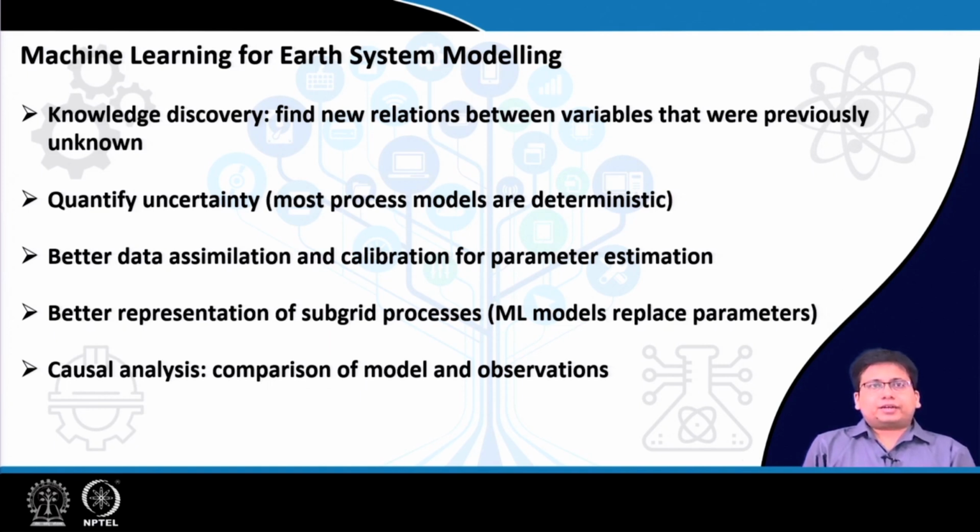And then we can have a better representation of the subgrid processes which we just mentioned. Instead of just specifying it as a random noise or some kind of parameter or coefficient, we can instead have a machine learning model for those subgrid processes. That is, the earth system model can work in tandem with machine learning algorithms, which you can say are like proxies for those subgrid processes.